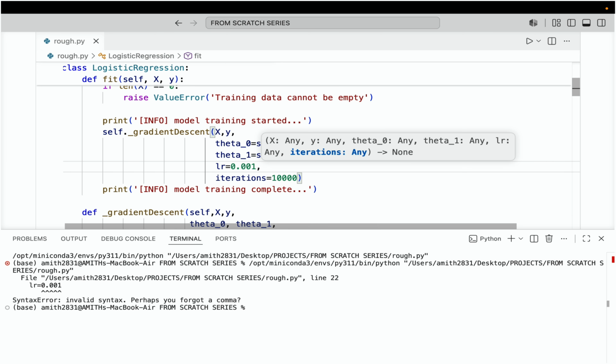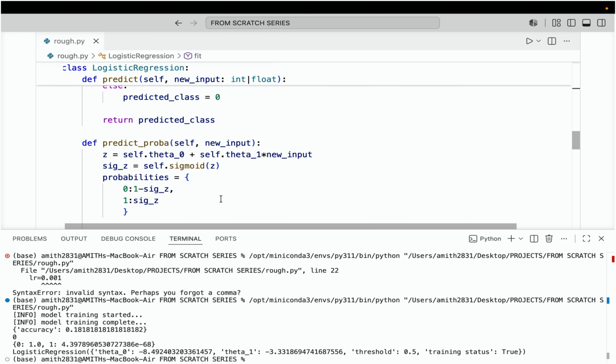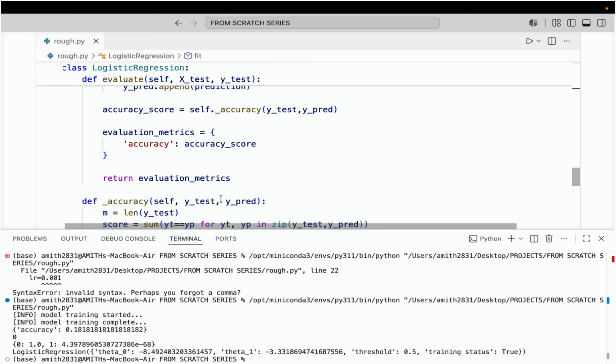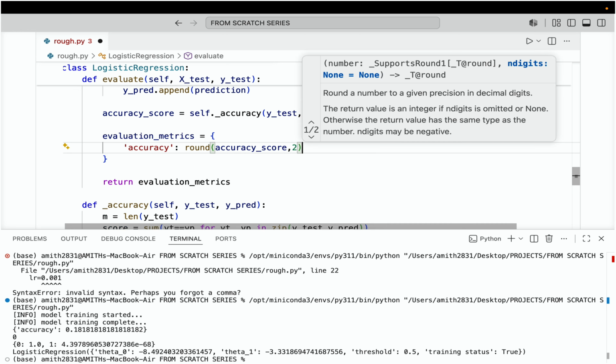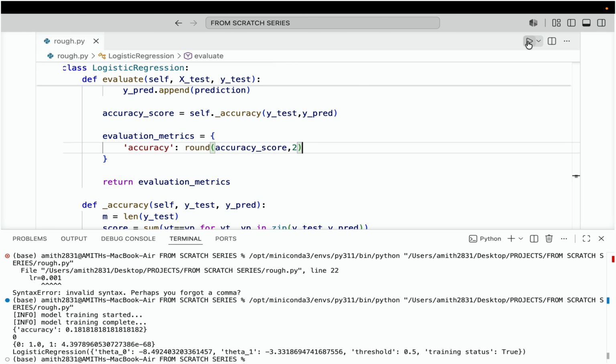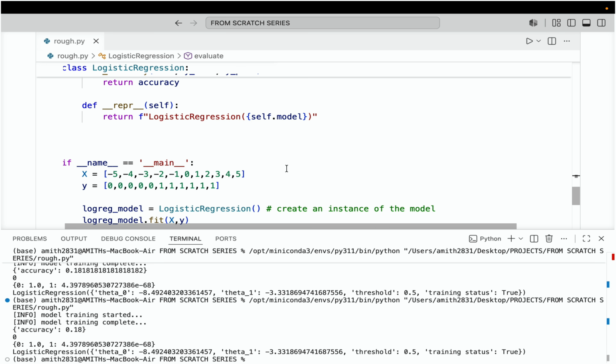Yes, I did. Oh, did my code run in the first attempt? The accuracy, let me just round it off. Okay. Where does it say it's 44?